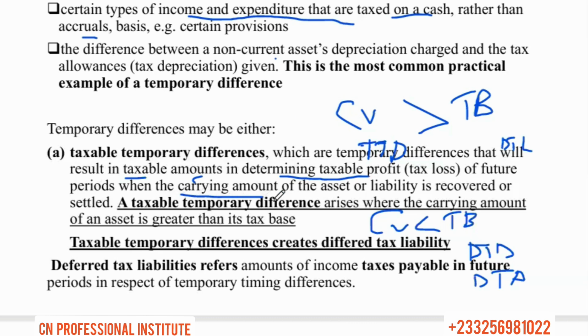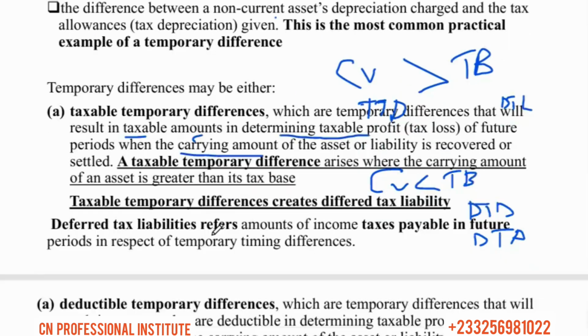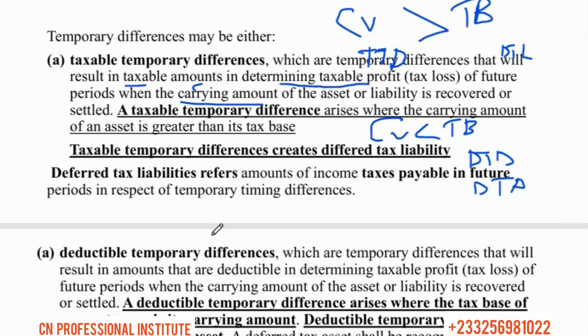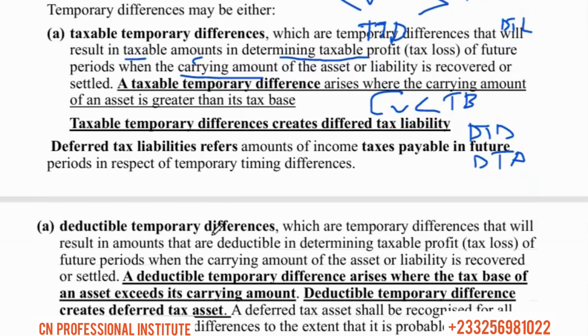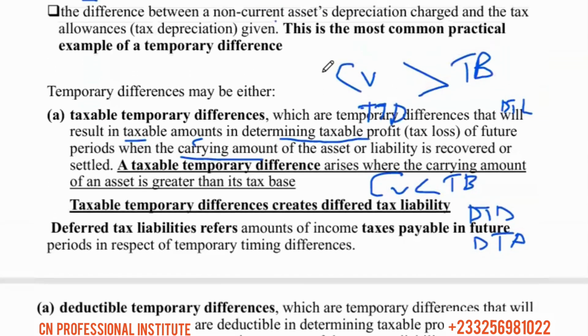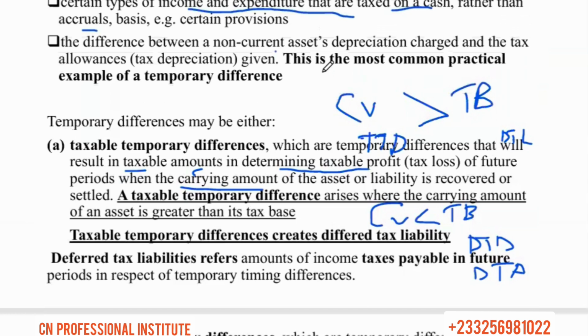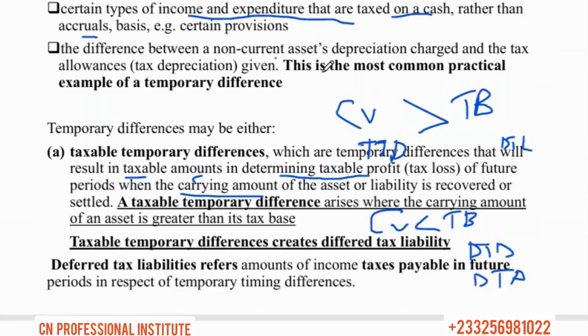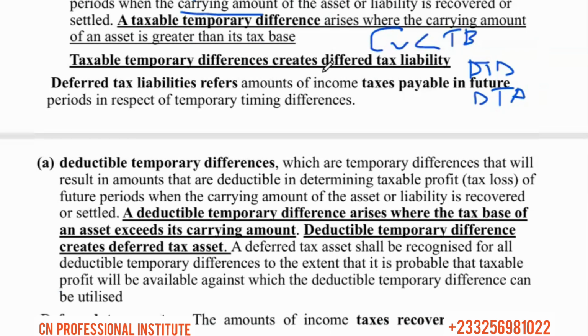And the taxable temporary difference arises when the carrying value of an asset is greater than the tax base. I've talked about this already. It says taxable difference creates deferred tax liability. I've talked about that, right? If we have a taxable temporary difference, then it creates a deferred tax liability. Let's continue. Let's look at the deductible temporary difference.